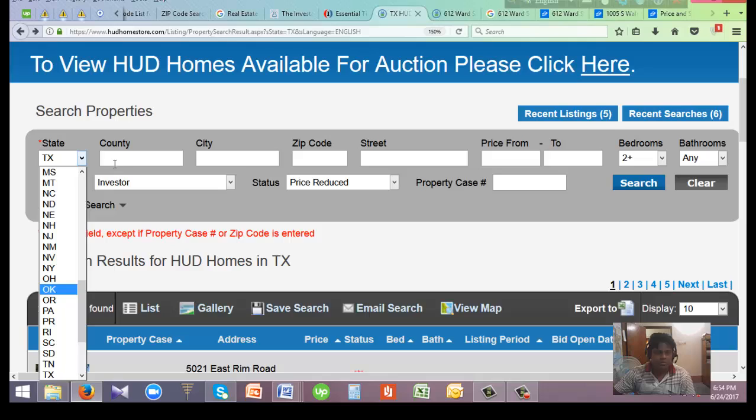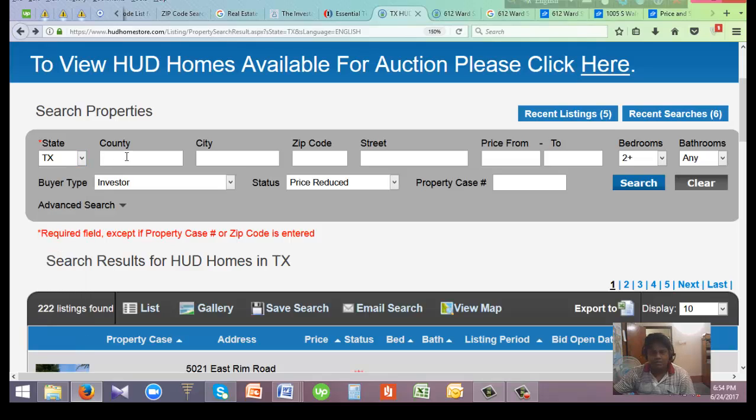We can find the property by county, city, and street, and we can finalize 2 or 3 beds and a condition for the bathrooms.